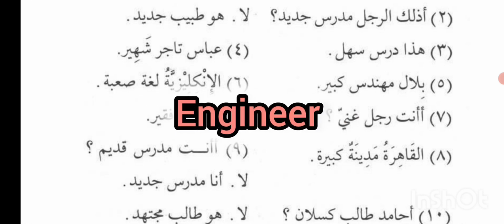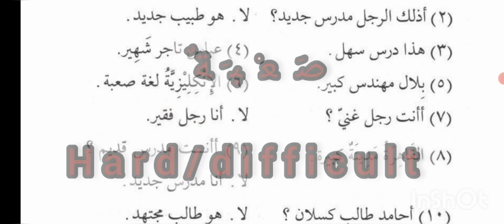We also have here number 4. Abbasun tajirun shahirun. Abbas is a trader. Then shahirun, that's the adjective. What is the meaning of shahir? Popular or famous. Abbas is a popular trader. Bilal, muhandisun kabirun. You can underline the word muhandis as well. Engineer. So al-Ingliziyya lughatun sa'batun. Sa'batun means difficult or hard.